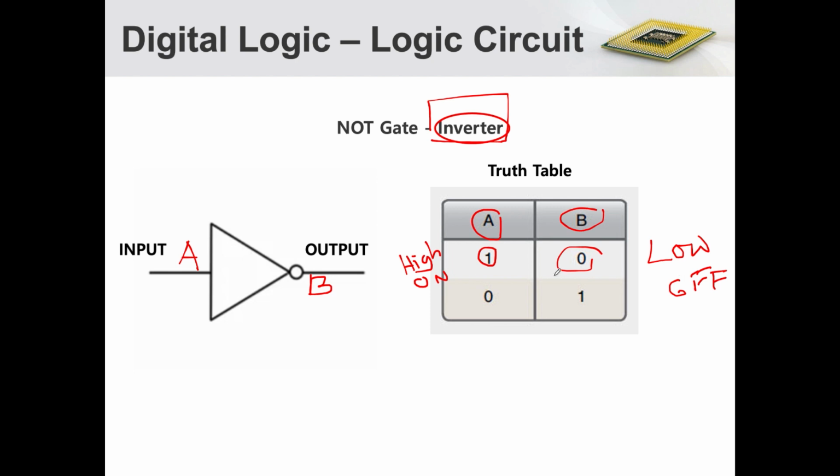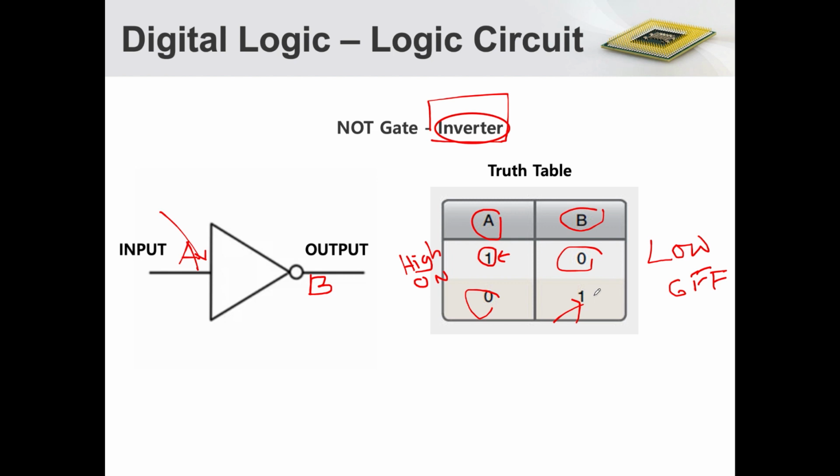But if your input here is 0, your output will become 1 or high or also on.